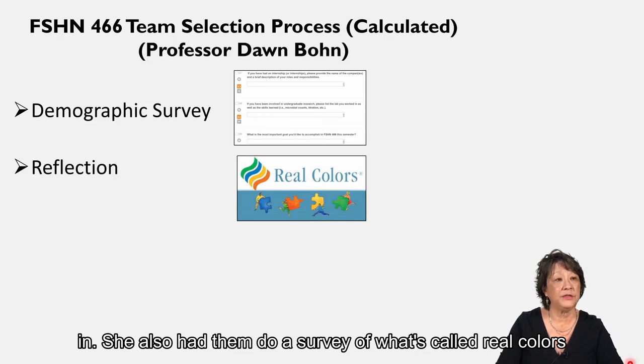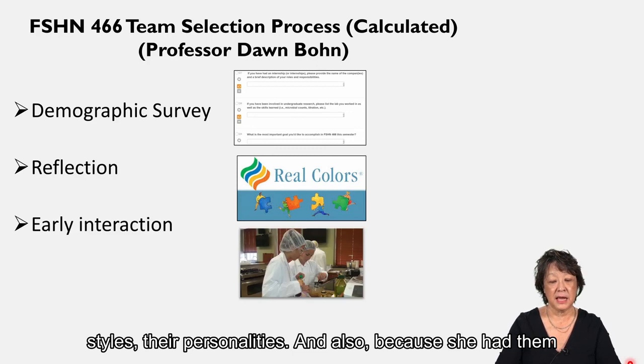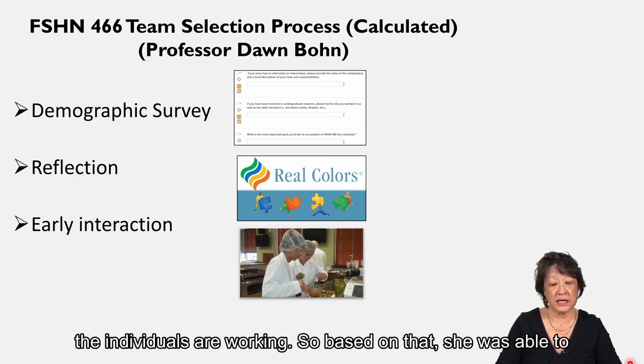She also had them do a survey called Real Colors, in which they can tap into their expectations, their working styles, their personalities. And also, because she had them working together in the class, she could walk around to see how the individuals are working.